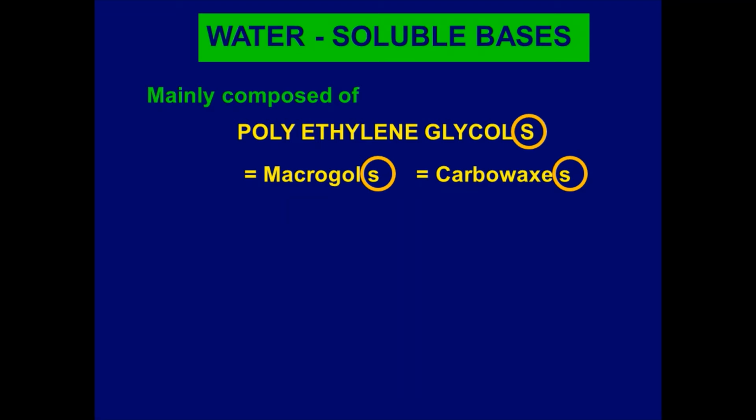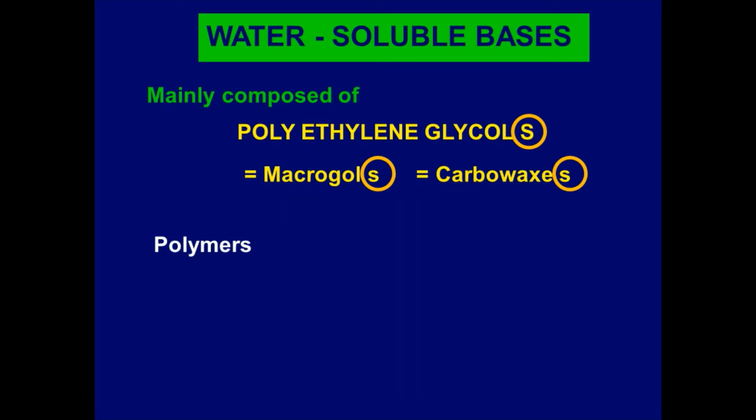When we use polyethylene glycol, you have to specify the molecular weight you use by writing it next to the name. So you say, I'm using polyethylene glycol 400. This means I'm using polyethylene glycol whose molecular weight is 400, or 4000, or 1500, and so on.